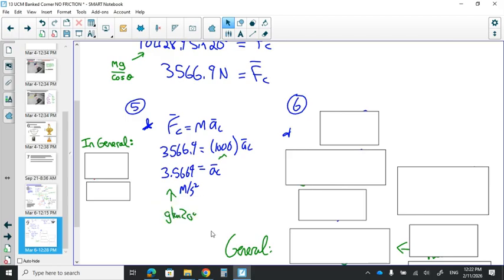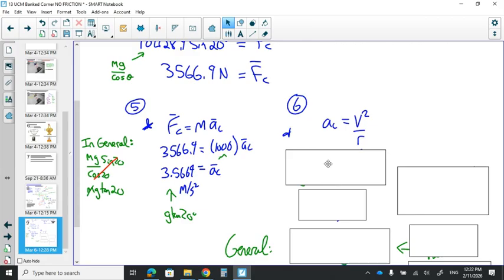That is really just g tan of 20. You've got the mg sine over the mg cos, so you just have sine over cos, which is just tan 20. The masses cancel out because you've got an m in here and an m dividing out.